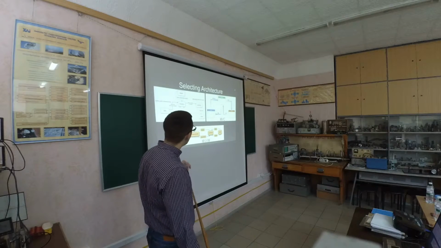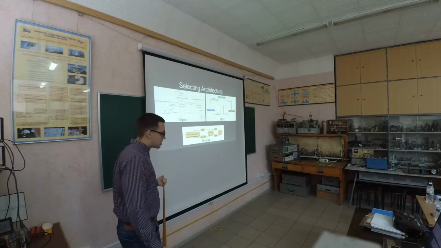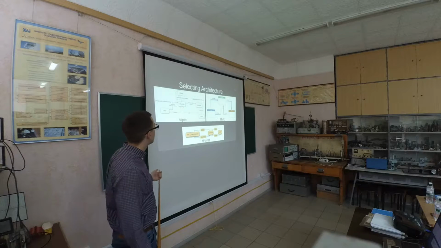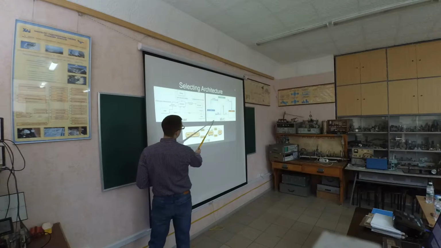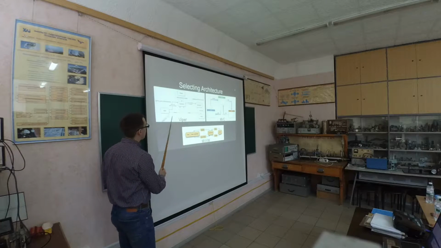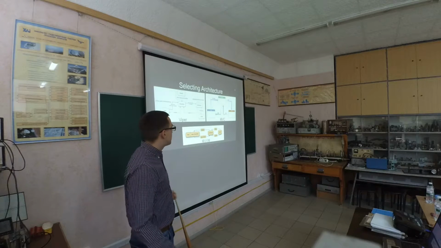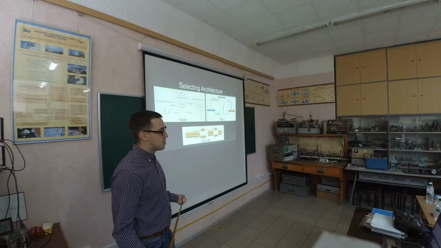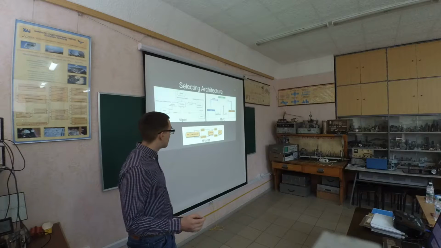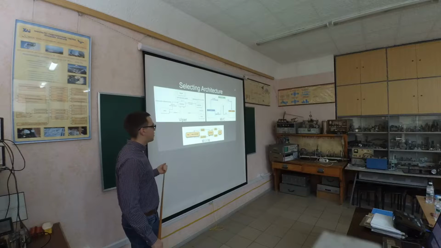One of the most important steps is architecture. On this slide you can see the 3 most widespread architectures for iOS development: MVC, according to the Apple documentation, MVVM and VIPER. All these architectures are very modern and allow developers to solve lots of issues in development, but they all have one big disadvantage.